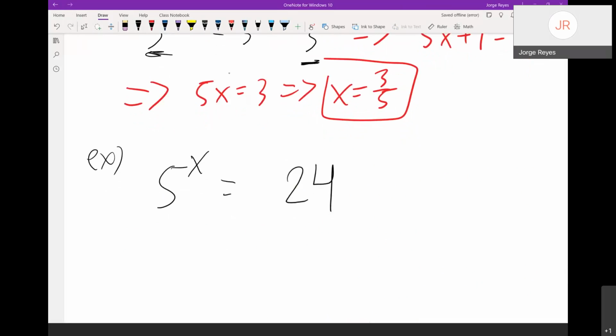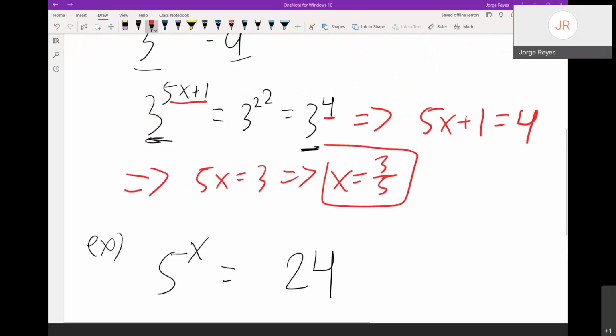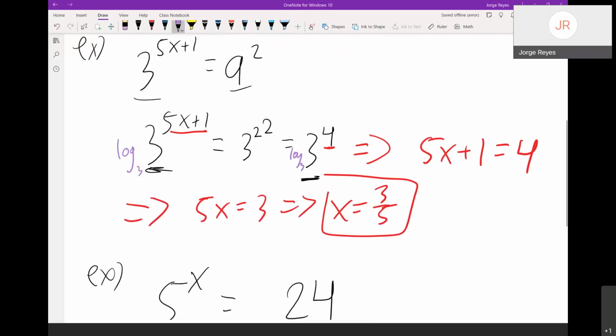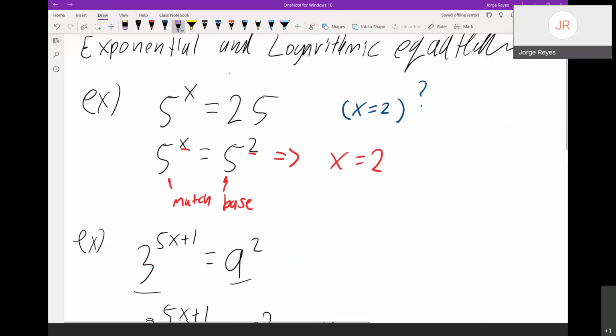So here is where we actually get into the point of this section, right? This secret step right here, you could think about it as me secretly doing log base 3 to both sides. And then right here, I log base 5 both sides.